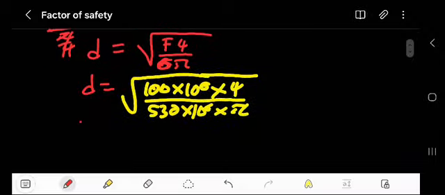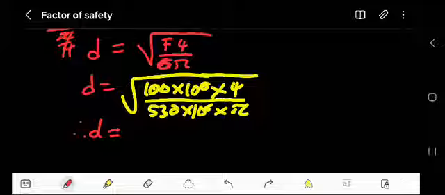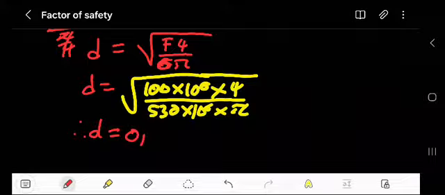If you punch that, you'll get that your diameter will simply be equal to 0.015 meter.